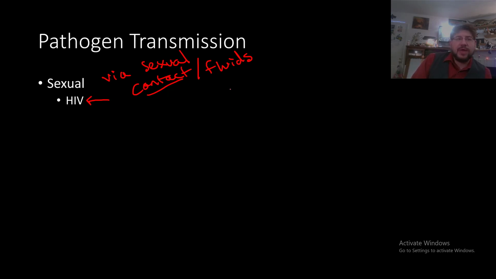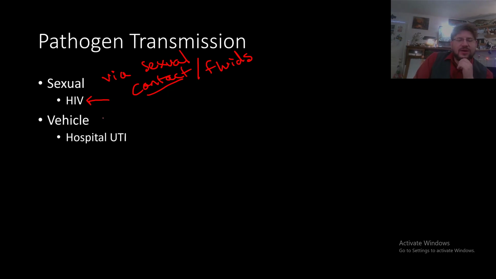When we talk about genital herpes, all that literally means is that the cold sores are at the genitals. And so it's sexually transmitted in that generally when you're in contact with someone's genitals, it's sexual. But it's not transmitted by the actual fluids. HIV, transmitted via the fluids.